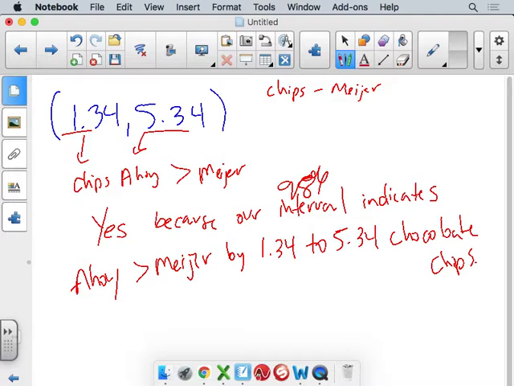Okay. So remember, when you're doing a difference, if my interval, like in this case, I had positive to positive, this means Ahoy is greater. If I had negative to negative, that would mean Ahoy is less than Meyer.